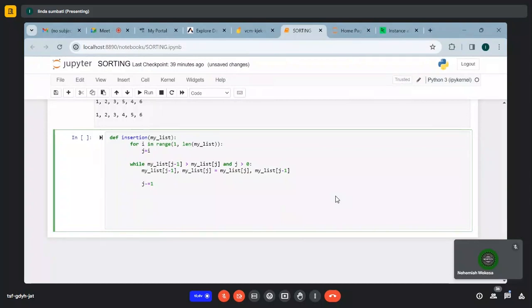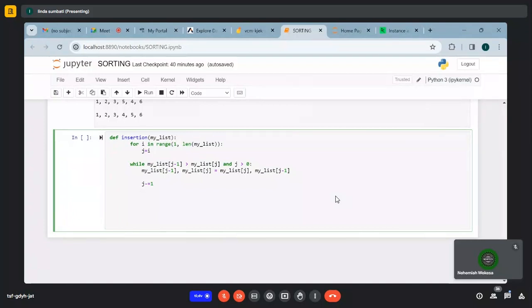Yeah. Linda, I have a question. You've said for i in range 1, then length of my list. Okay. But now this j is 1. So it is greater or equal to 0, it's greater than 1. Like the condition you've given there, j is greater than 0. Okay, can I explain, Jolene? Yes, please.